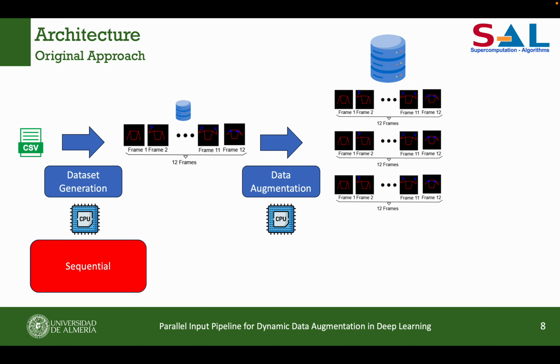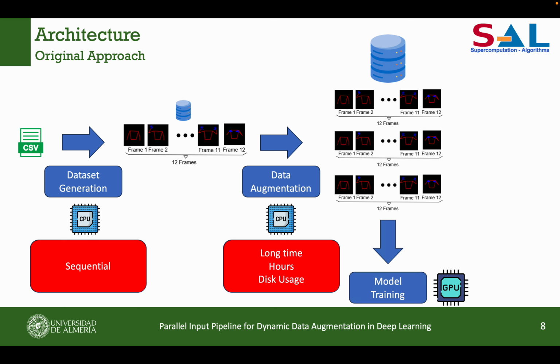Then the data augmentation is performed, making slight changes in this data in order to have more data to train the model, which can take a long time, some hours, and this usage can be boosted or multiplied by 5, 10, 81, as we are going to see in this slide.